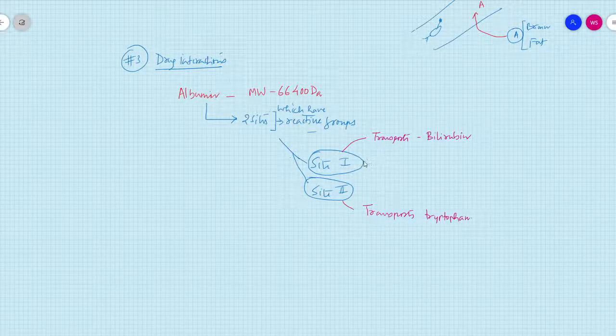Okay, so that is why it has got two sites, because in normal physiology it has this function. But we said that these sites contain reactive groups, and now when we give a drug, there is an interaction between our drug and the reactive groups, and that may sometimes displace the endogenously bound substances. For example, if we give sulfonamides, okay?